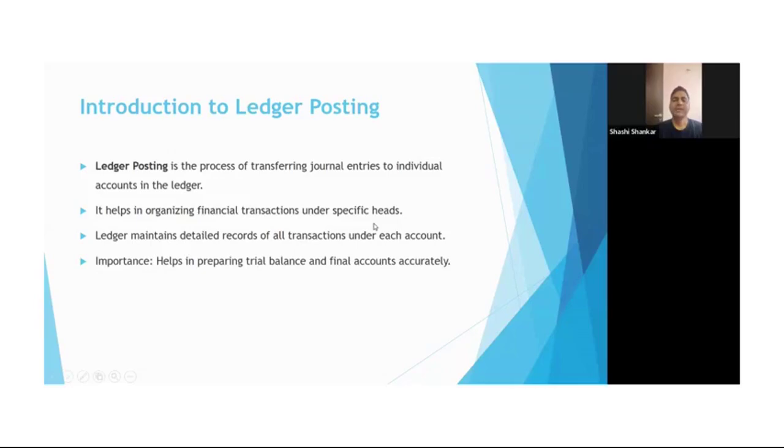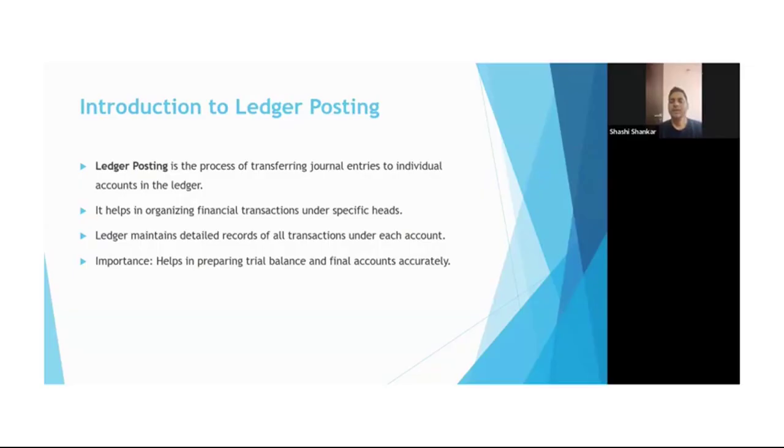In the journal, it is the very primary stage to record the transactions, so for multiple transactions it's difficult to understand the total debit of the cash or total debit of the machinery. So it helps in organizing in a very organized way: all financial transactions in one head, we can see it.